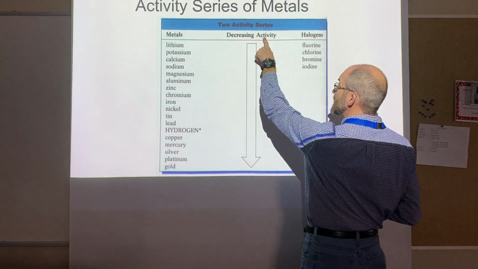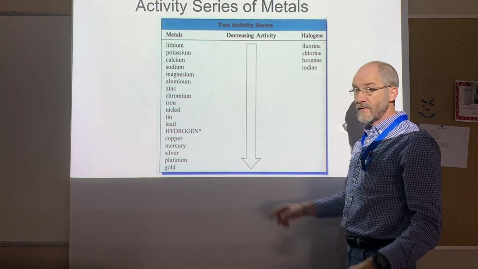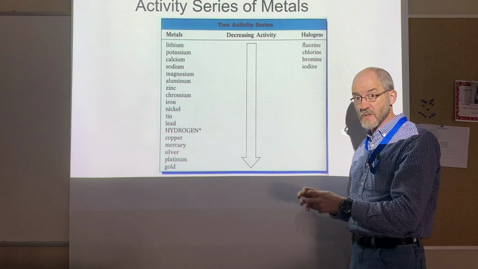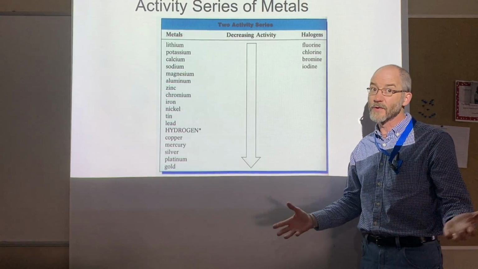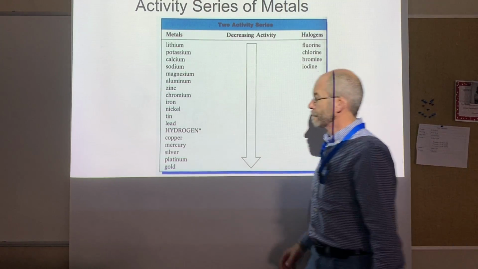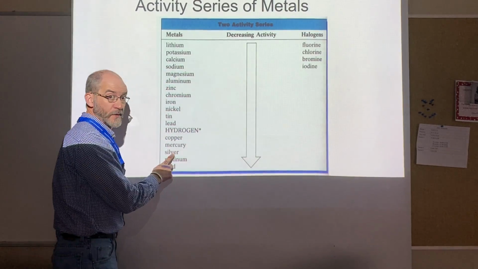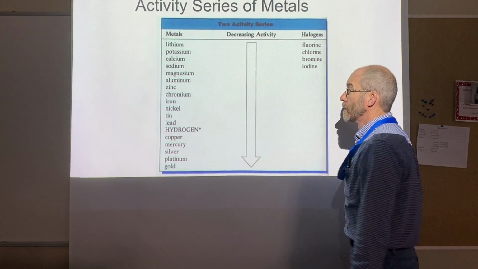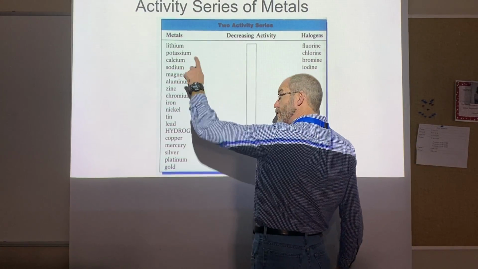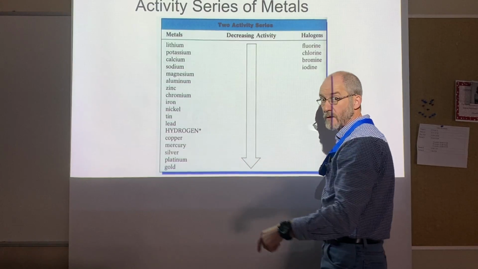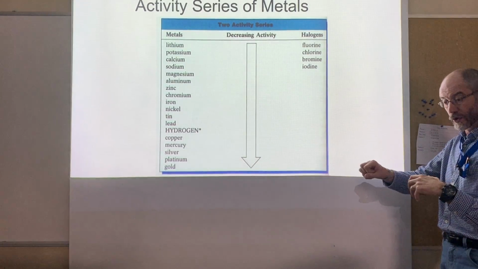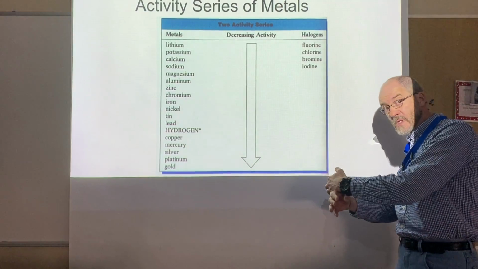It says decreasing activity, so as you go down the activity series, activity decreases. What does that mean? Very simply, if you're down here, you're not going to replace one of these up here. But if you're up here, you could very easily displace one of these. You could knock them out and take their place.